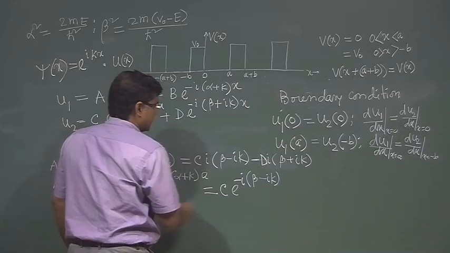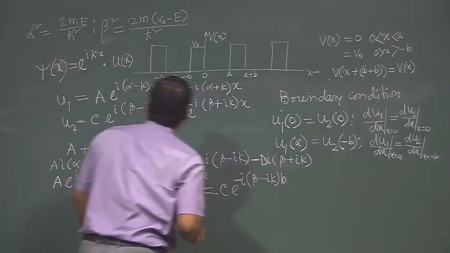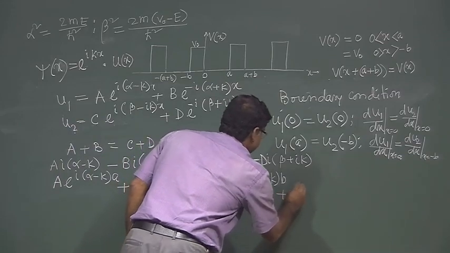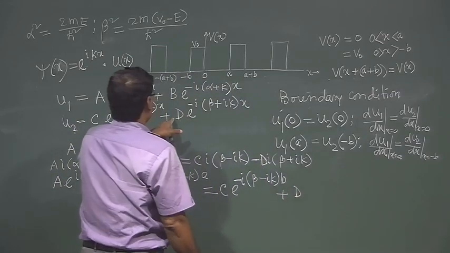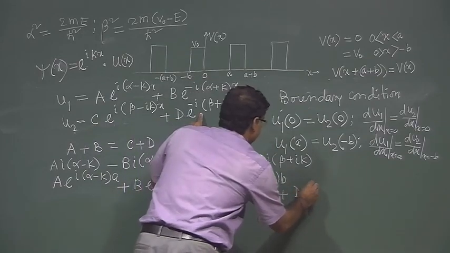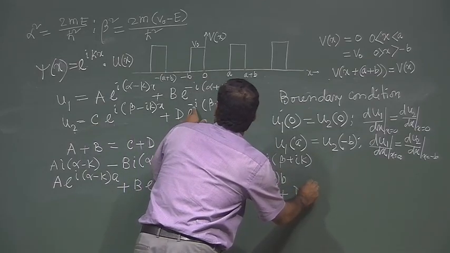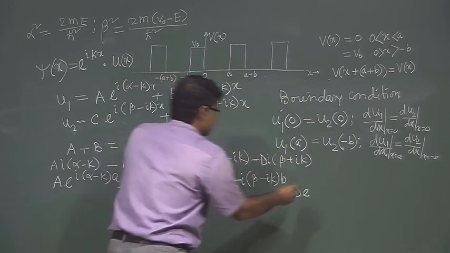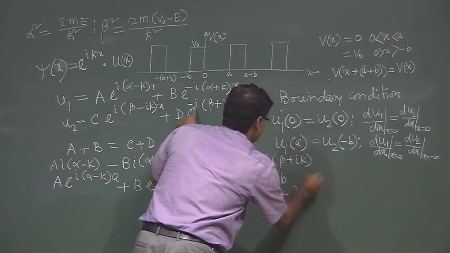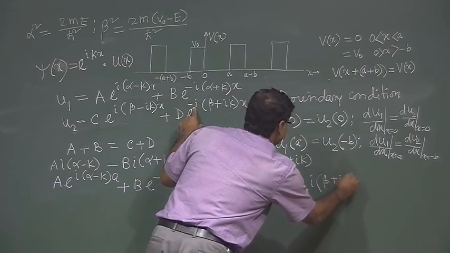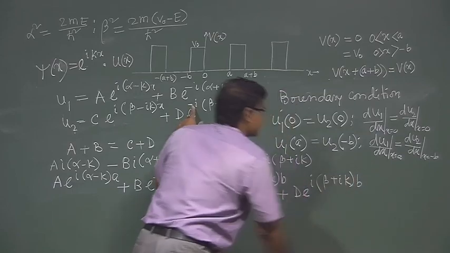So, minus here I can write b, right, plus d e to the power, minus, so this is minus b. So, minus means plus. So, I will get i(beta plus i k)b, right.